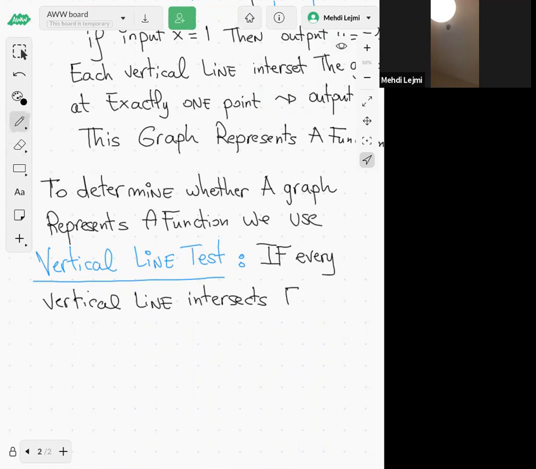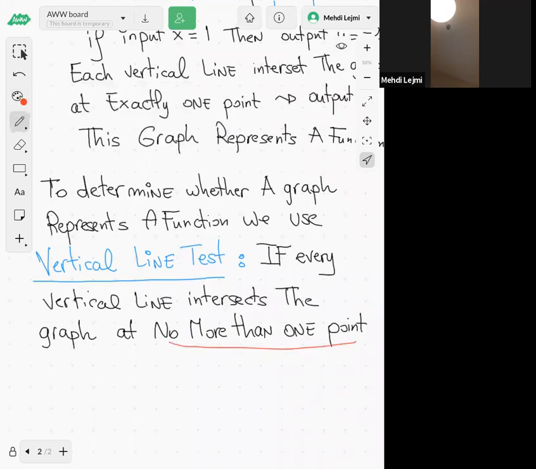No more than 1 point, guys, means no point or 1 point.